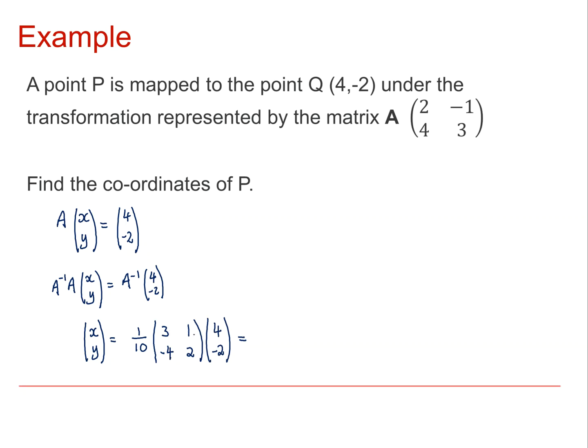So that gives us 12 take away 2 is 10, and 1/10 of that is 1, and minus 16 add minus 4 is minus 20, and 1/10 of that is minus 2. So the point P is (1, -2). And you can check that if you multiply that point by the matrix (2, 4; -1, 3), you do get (4, -2).